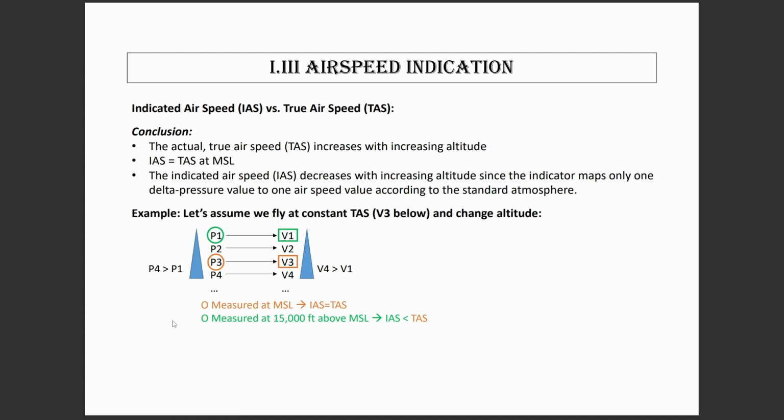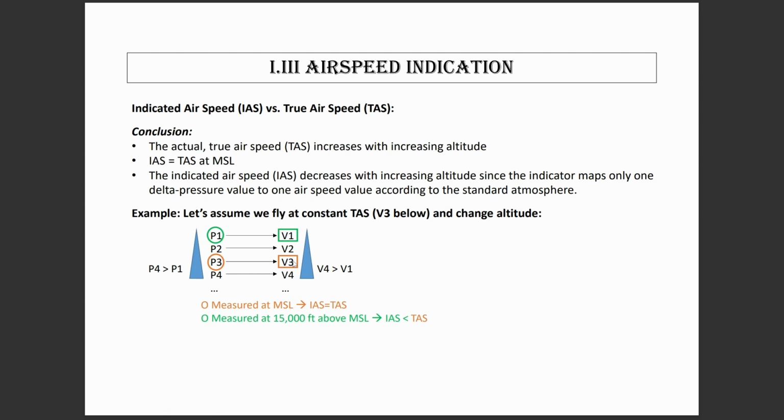Just to illustrate the point that I've just mentioned, here the example visualized. Okay, a pressure P1 that I measure is always correlated to a speed V1. A pressure P3, for example, that I measure is always correlated to a speed V3.